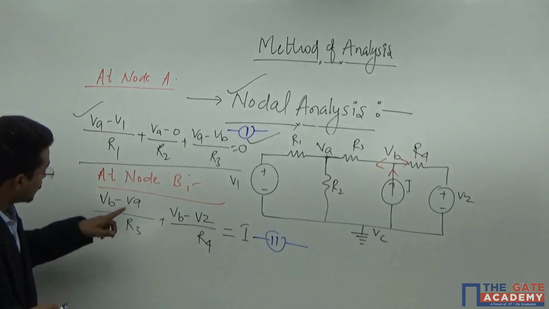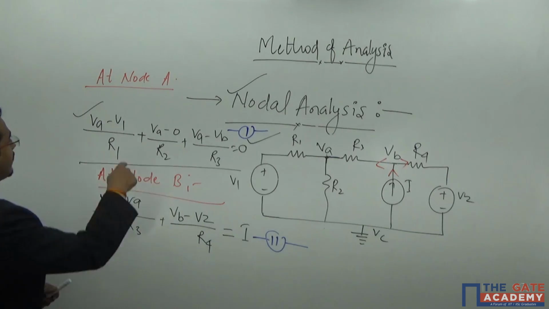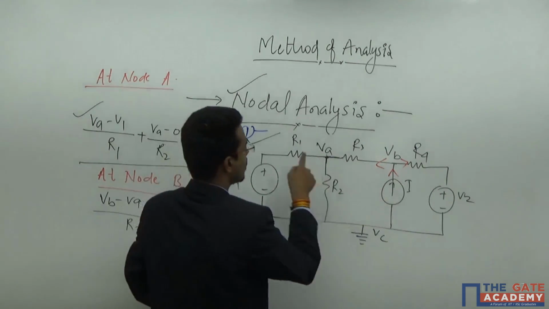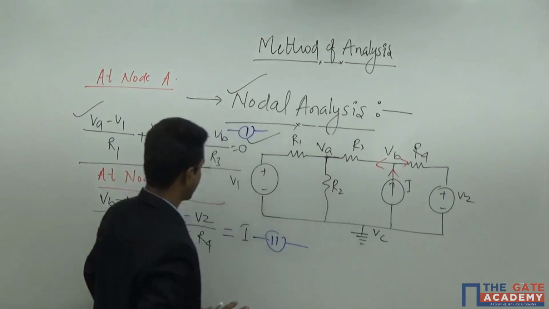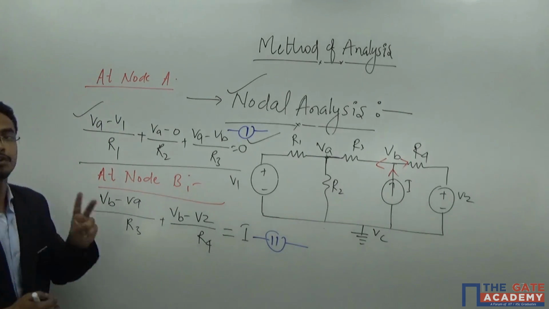Here VA and VB are unknowns. You know the values of V1, V2, R1, R2, R3, R4. So this is a simultaneous equation of two variables.